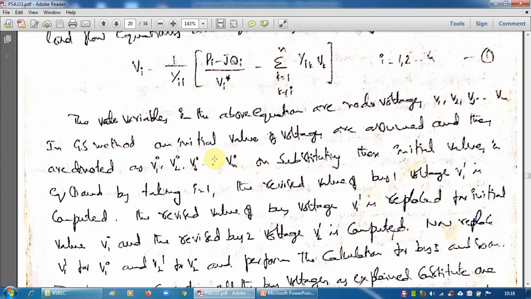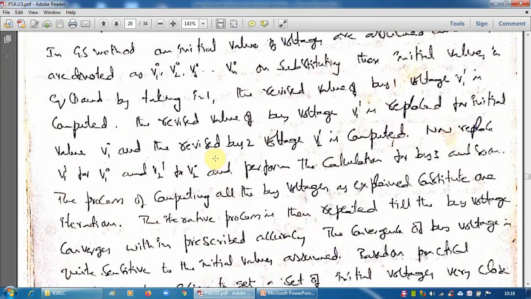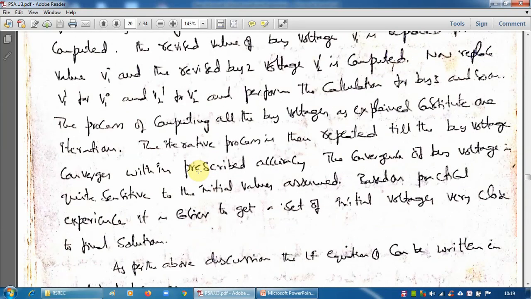So V1 over, V2 over, that is V1 of 1, V2 of 1. Like that for V3, we can substitute V1 of 1 and V2 of 1, and for the remaining V3, V4, V5 and so on, the initial values. Like that we can calculate V3.